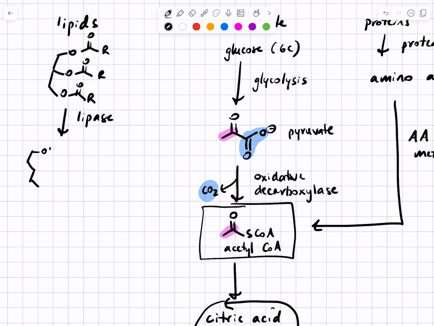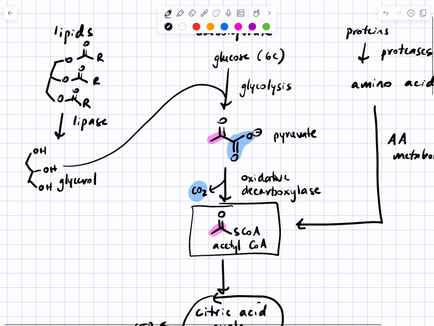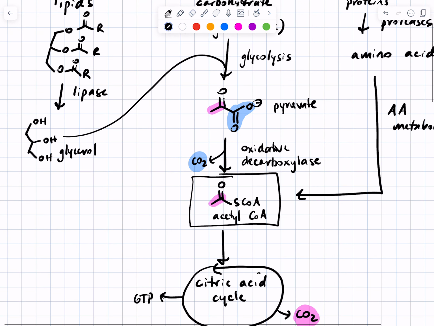One is going to be glycerol. Glycerol is the 3-carbon alcohol, which we're going to see can be modified and go into some of the glycolysis pathways. So I'll show you where glycerol intersects with glycolysis a little bit later.